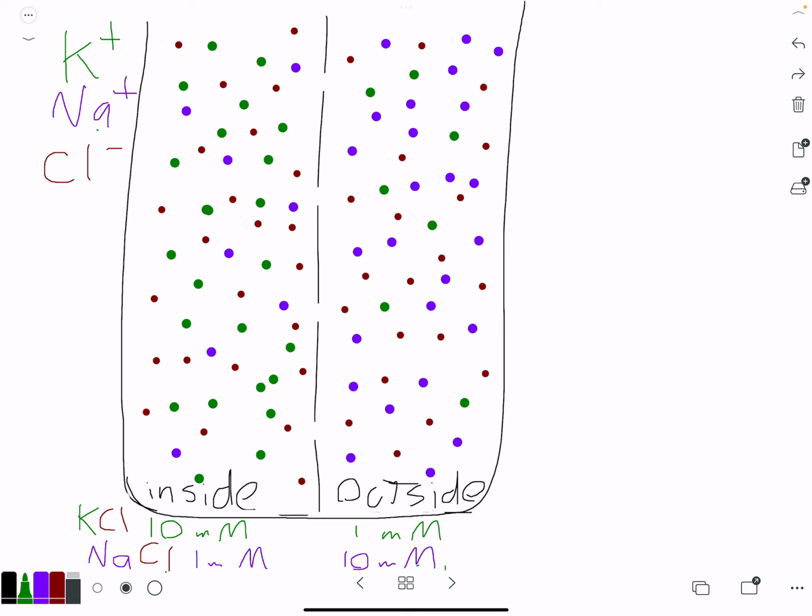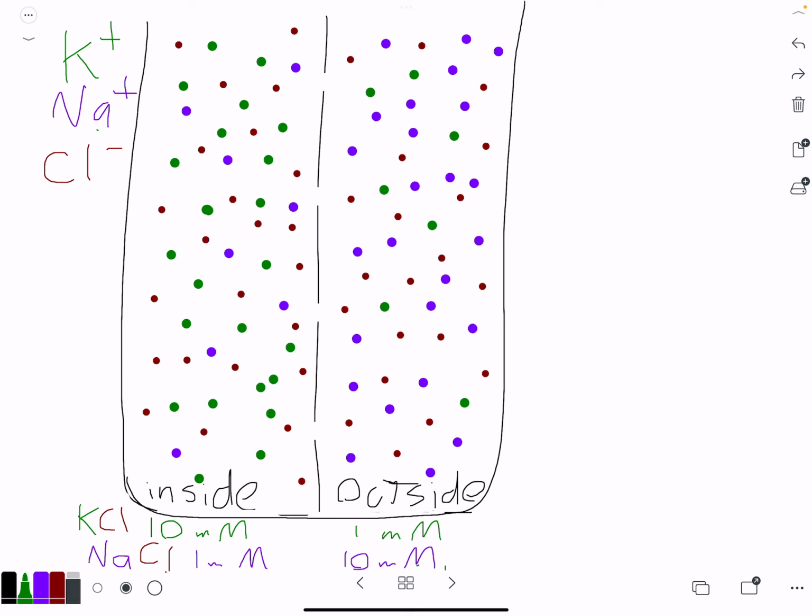So let's start here with our little make-believe hypothetical in vitro study where we've created an artificial semi-permeable membrane, which is our black dotted line down the middle of our vessel here, which we have filled up on both sides with a different concentration of a salt solution, or two different salt solutions that are composed of three different species that have an electrical charge: potassium, sodium, which are both positive, and chloride, which is negative.